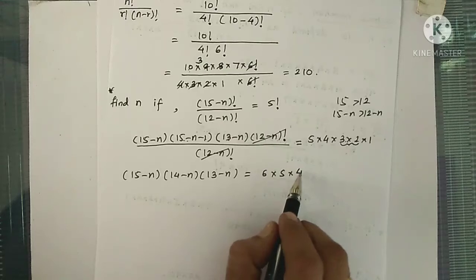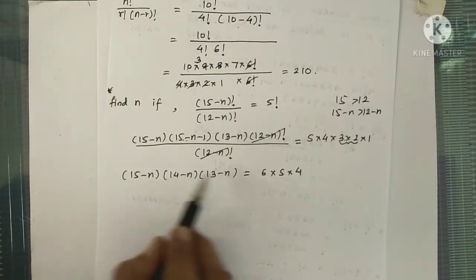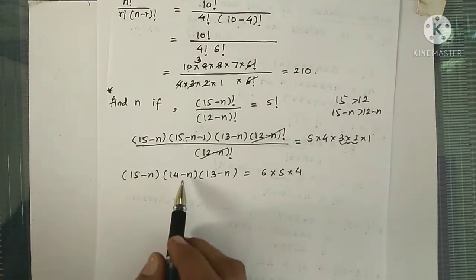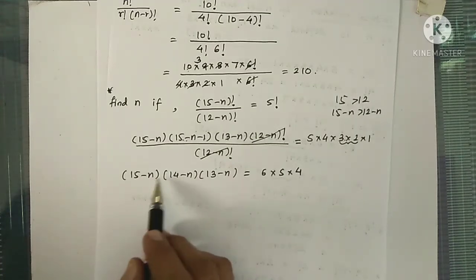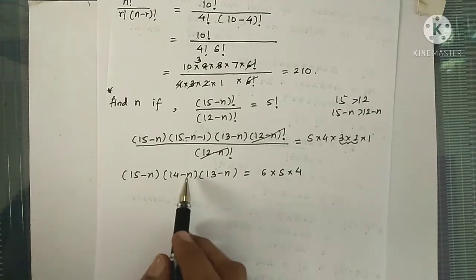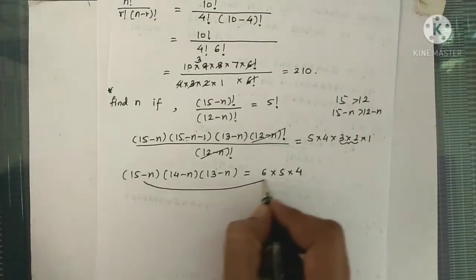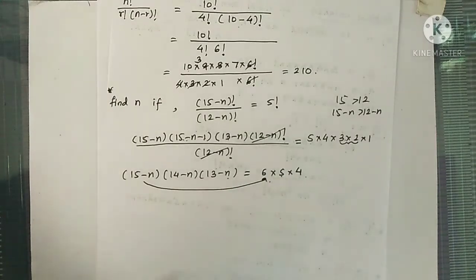Again subtracting 1, we get 4. See here, 15 minus n is the biggest number of all these 3. Then the next number, a consecutive natural number, as the difference is 1, subtracting 1, we get 14 minus n. Subtracting 1, we get 13 minus n. That means 15 minus n is 6. 14 minus n is 5 and 13 minus n is 4.